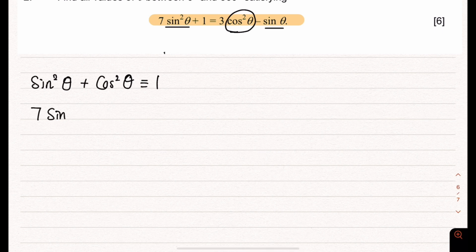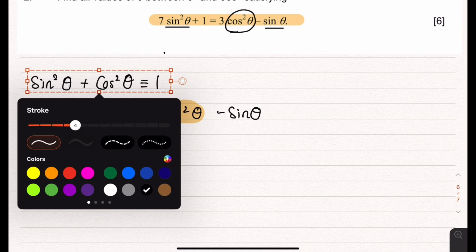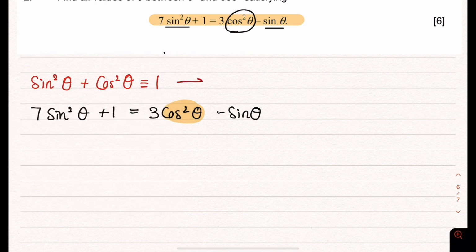So from the equation we have 7 sine squared theta plus 1 is equal to 3 cos squared theta minus sine theta. So now by looking at this cos squared theta, we want to replace it by using the trig identity above. So now we can rearrange it to have cos squared theta as the subject.